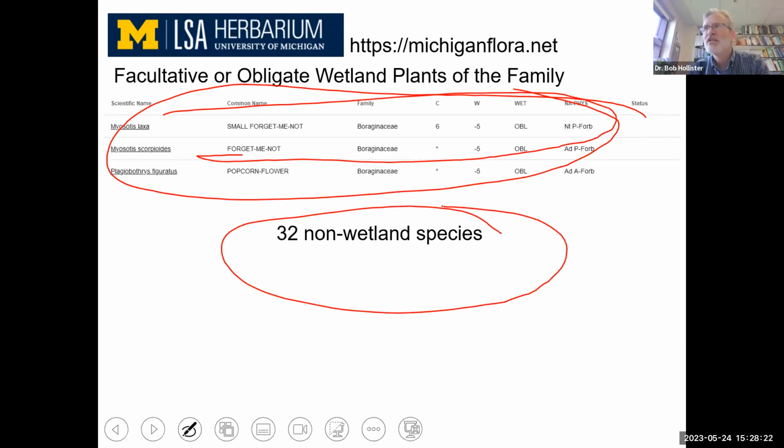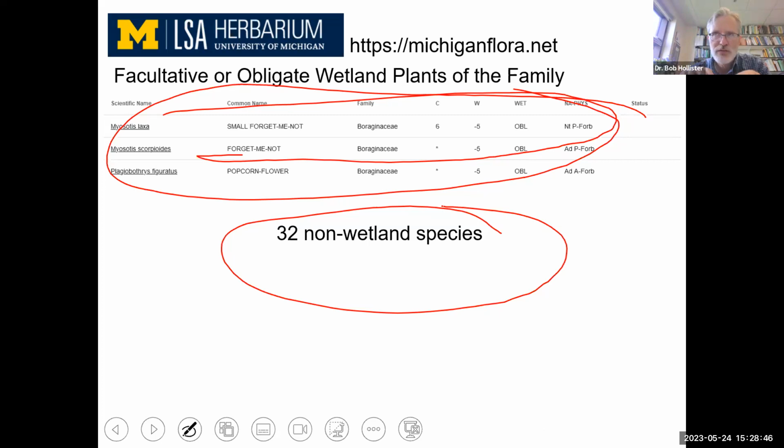So again, I mentioned this for the first part, but wetlands are really nice because it's an easier flora to learn, because there are generally fewer species within each family that occur within a wetland. So it's just a much smaller pool of species.